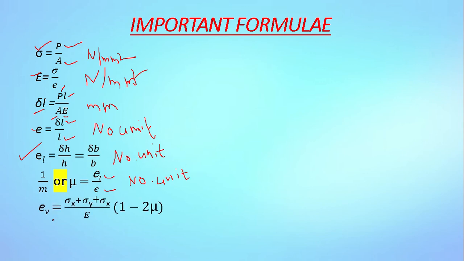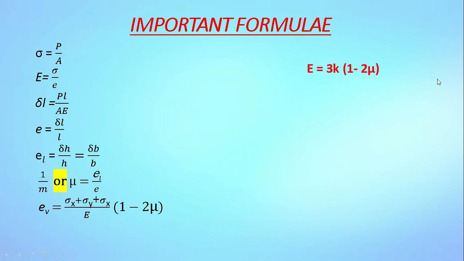Next formula, volumetric strain is equal to sigma x plus sigma y plus sigma z, divided by E, into 1 minus 2 mu. This is for a three-dimensional stress system. And this also has no unit.